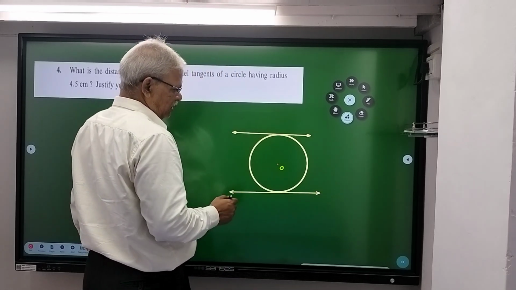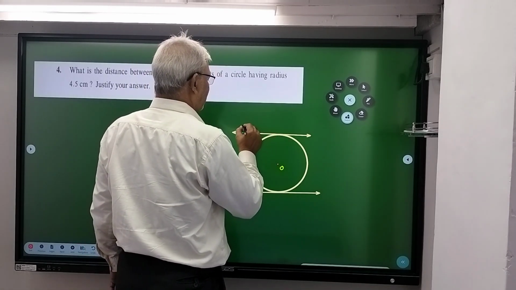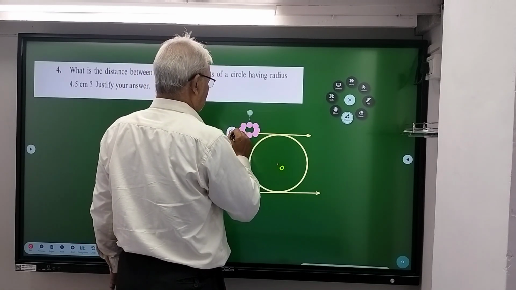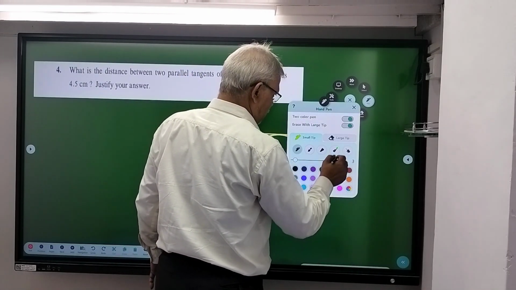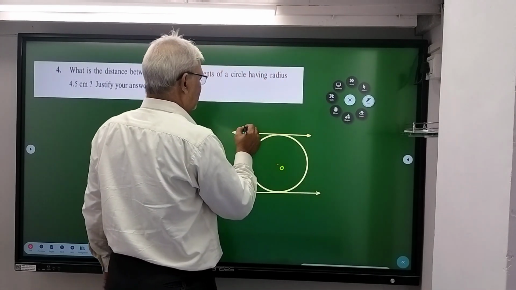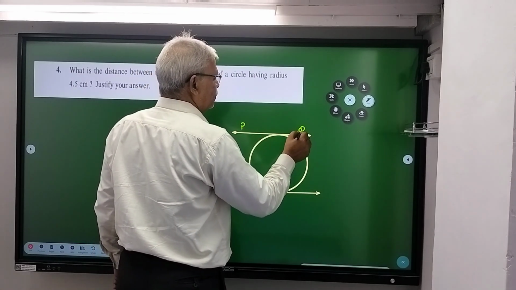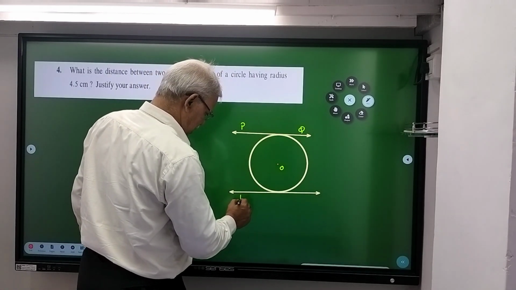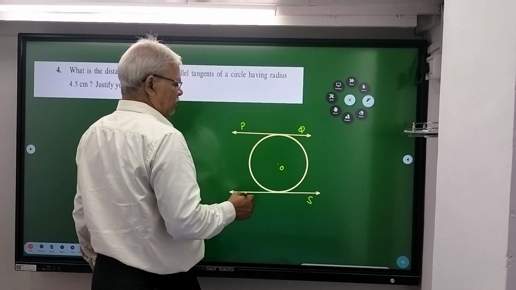Yes, these are the two tangents. I am going to write here P, Q, R and S. Okay?